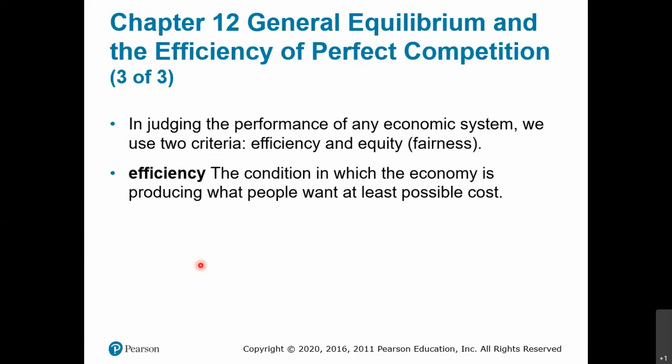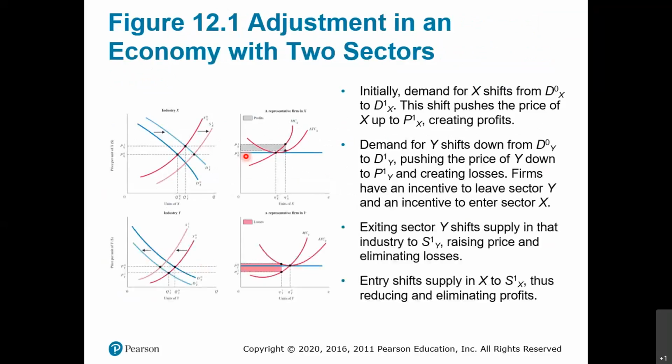So I know this is a busy graph. I'll walk you through it. So we're going to start right here at industry X. What happens in industry X? Well, there's some kind of demand shift, just like you had in your accreditation exercise, just like you had in your exam. Demand shifts, equilibrium price goes up.